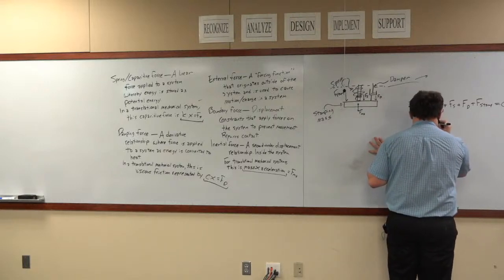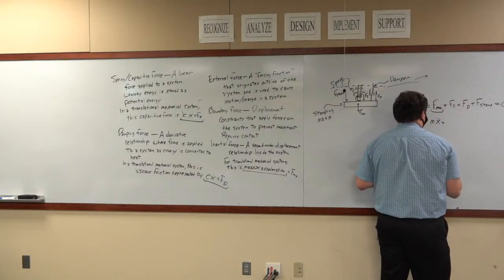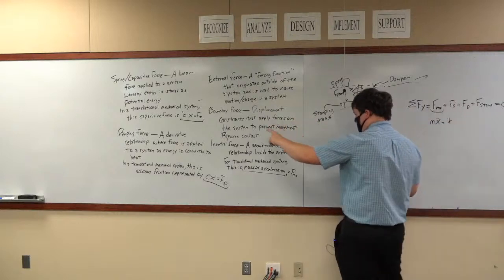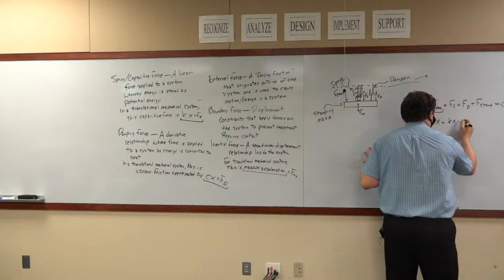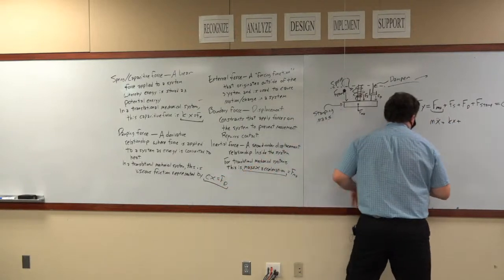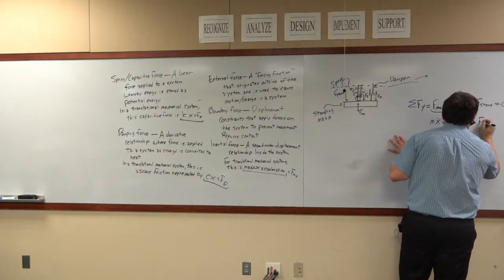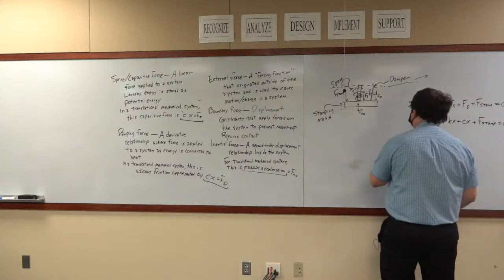So what we have is mass times our acceleration plus the spring constant times the displacement of that spring, plus the damping coefficient times the velocity of the damper, plus whatever that damping force is, equal to 0.